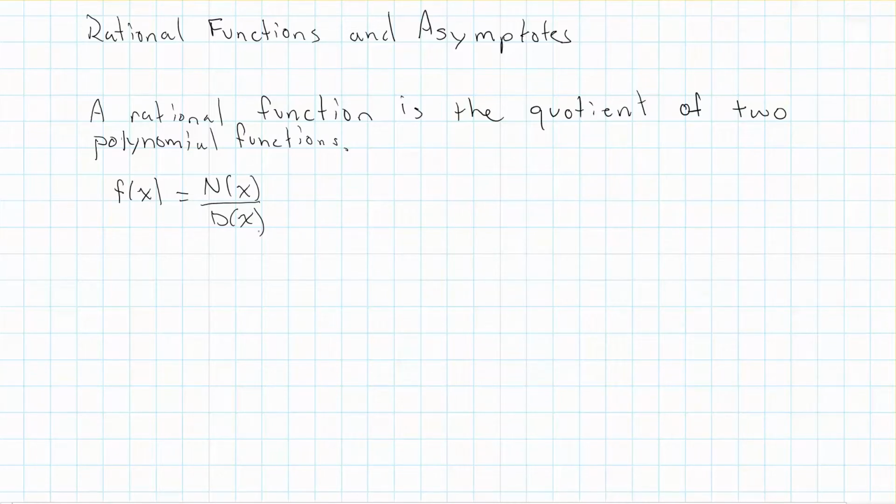So here, of course, n of x and d of x are polynomials. Now this is something that's interesting.